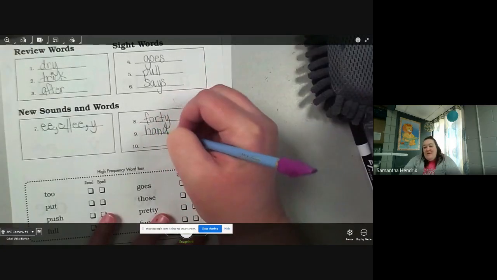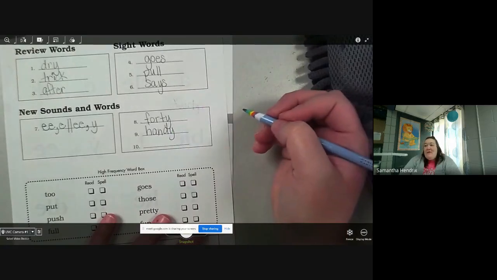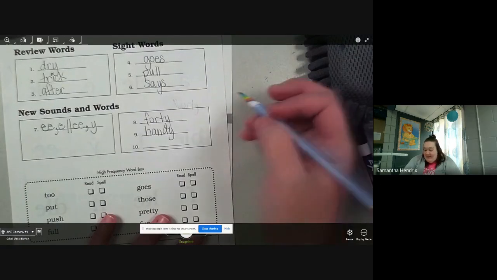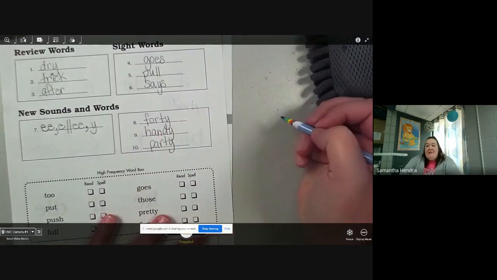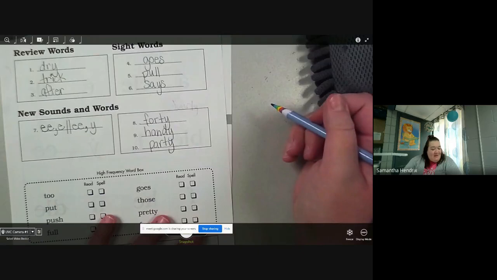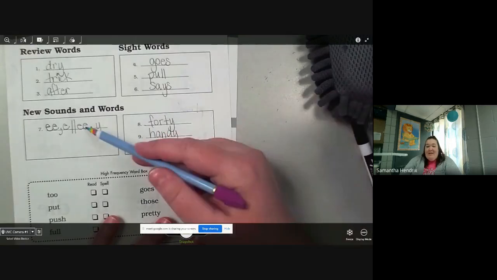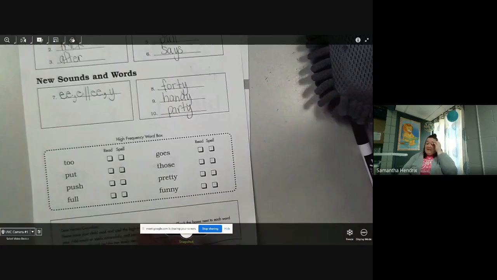And E. Okay? So when you hear that E sound at the end of the word, it's most likely going to be a Y. Party. Because most of the time when E is at the end of a word, it's either double E, but most likely it's a Y. Okay? Read and spell these to somebody.